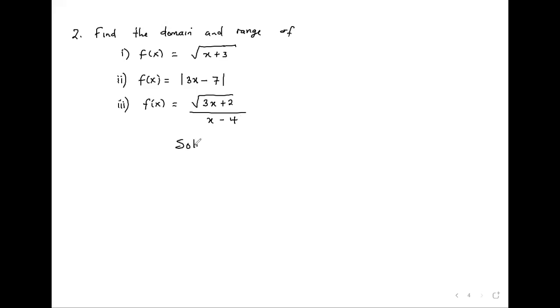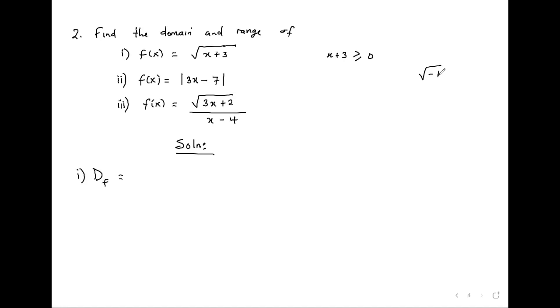Solution. So for the first one, the domain of f, well, you just go inside and get x plus 3 and make sure that it is always greater or equal to 0. Because whenever you have the square root of a negative number, you don't know what to get. What you get is complex, and complex is not a real number. Not all complex numbers are real numbers, especially this part, which is the imaginary.